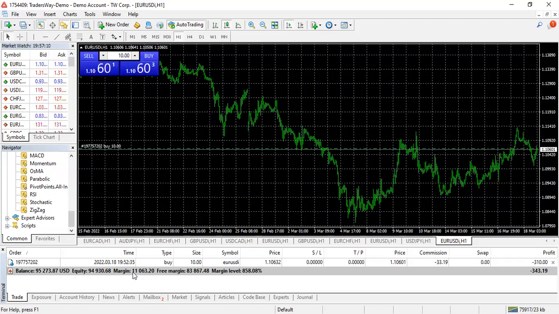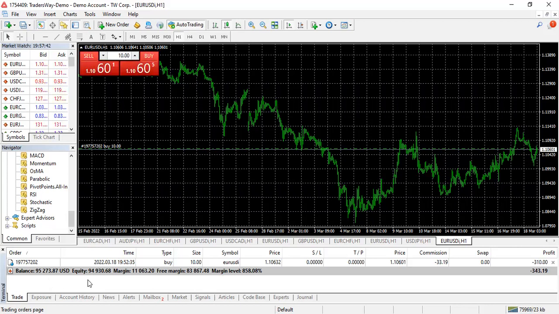Like this particular margin now, $1,163 is being kept aside for me. So maybe now 94,910 is in floating loss. So for me to have a chance to open a new position, the system will send me a margin call, or the system will automatically close me out of the trade.